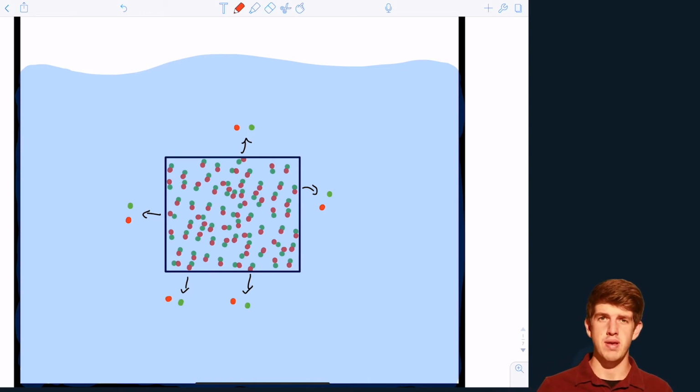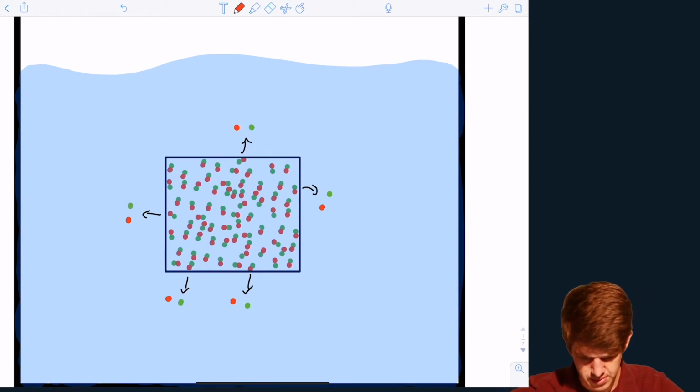And when I first put this sample in, it's going to dissolve, dissolve, dissolve, and it's going to keep dissolving until I suddenly can't dissolve anymore. And when I can't dissolve anymore, something interesting happens. At that point, when I can't dissolve any more sodium chloride, I'm going to be at the equilibrium point. Let me just write real fast.